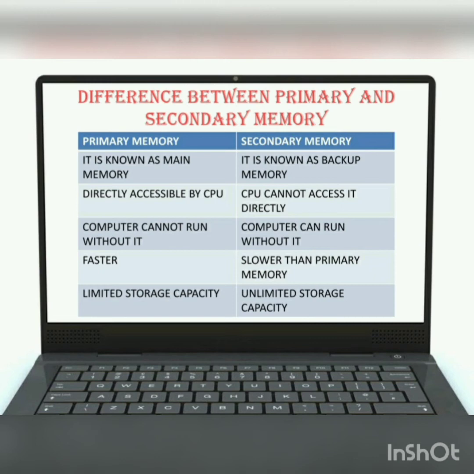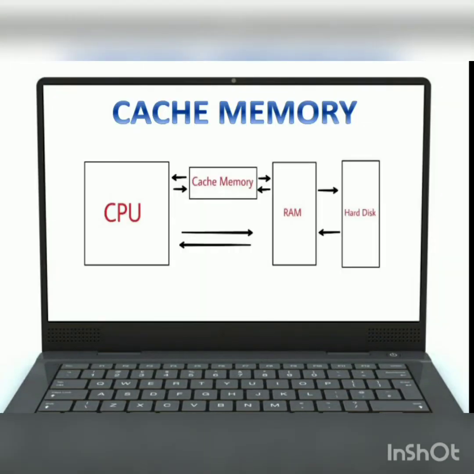Okay, now let's move on. Cache memory. Kids, you are able to see a diagram: the first box is CPU, then in between RAM and CPU there is a cache memory, then the hard disk. Kids, cache memory is lying between the CPU, that is the microprocessor of the computer, and the main memory, that is RAM.